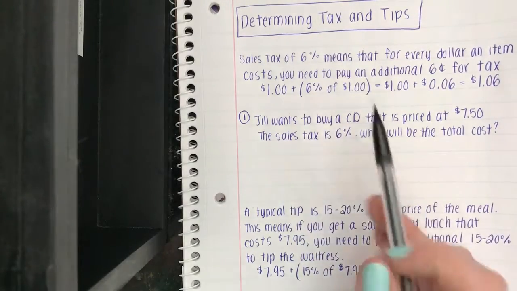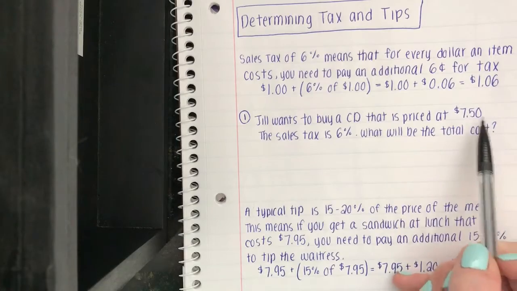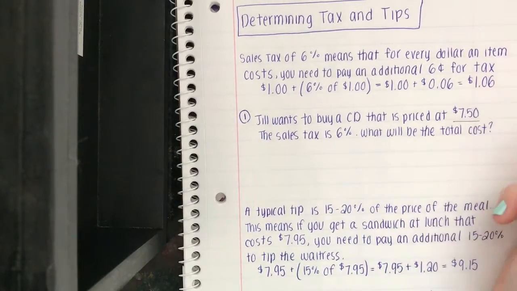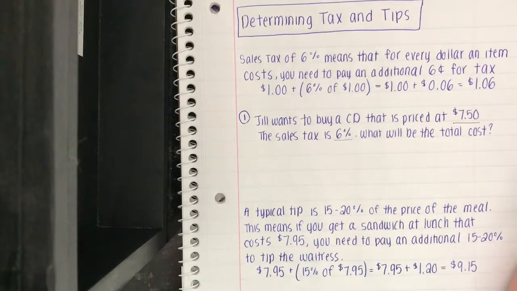So let's look at this example here. Jill wants to buy a CD that is priced at $7.50. The sales tax is 6%. What will be the total cost?